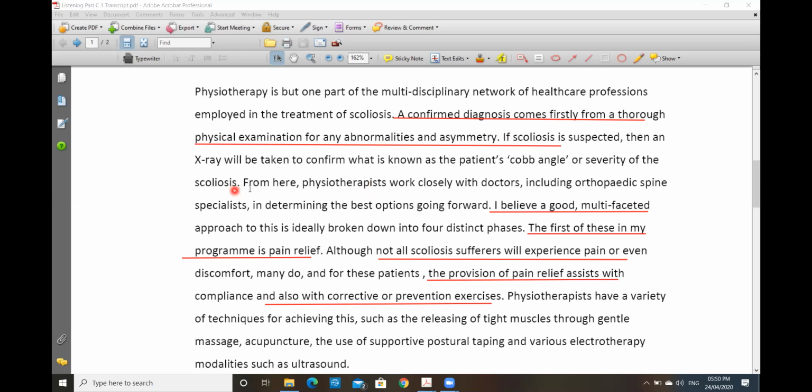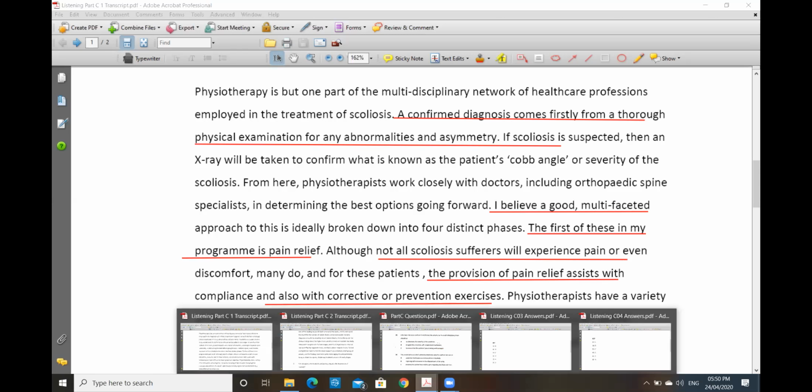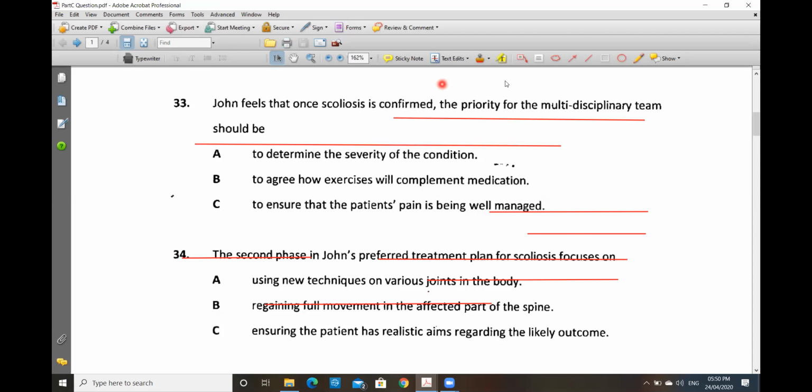One is when he said, from here, physiotherapists work closely with doctors. So your question has two hints. It says the focus of the multidisciplinary team is. So the multidisciplinary team didn't come when it came to confirming the severity of the condition, right? So A is not the correct answer.